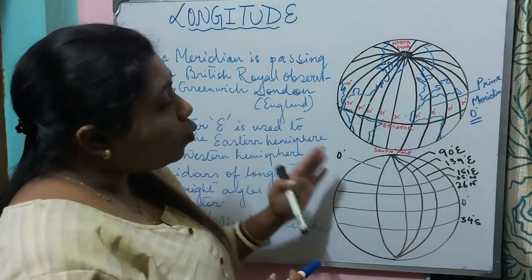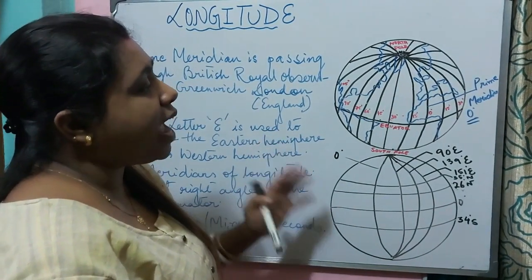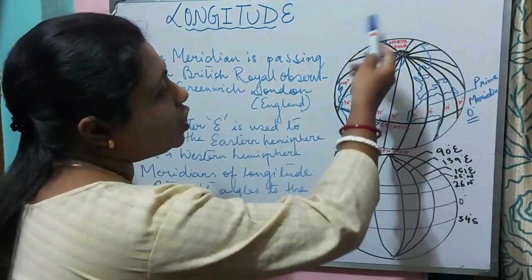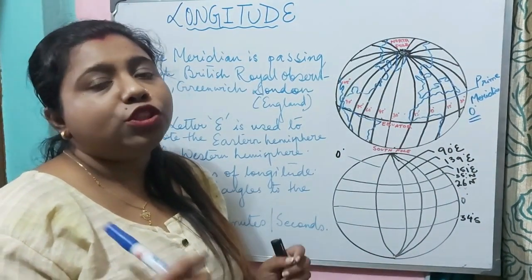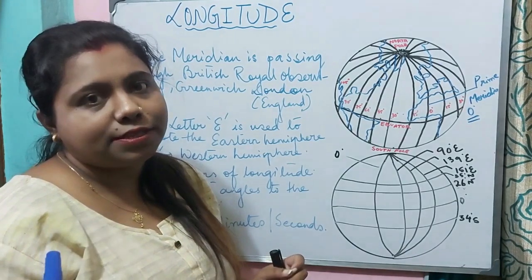Now, how many longitudes are there in total? We know the shape of the earth is a sphere. In a sphere, we have 360 degrees.